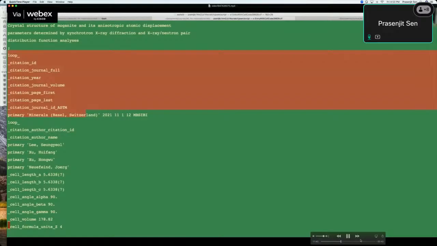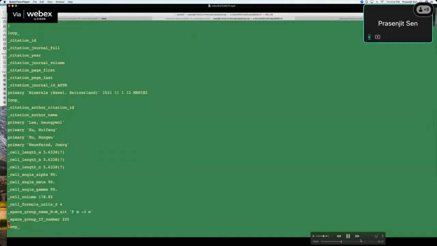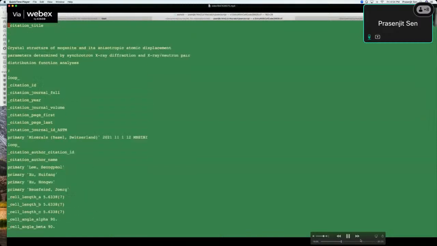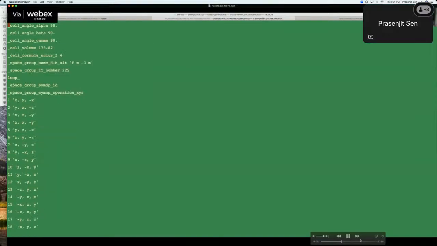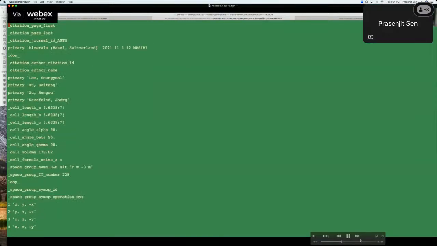You don't have to understand all of it, but these are some headers. So journal: it will give you the full journal information where this structure was published. Here are the author names, and here is the journal reference. Then you have the cell lengths.